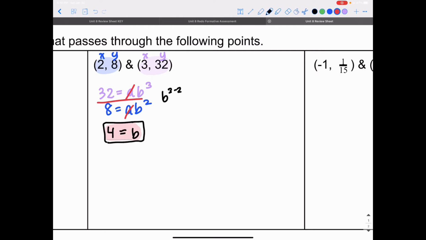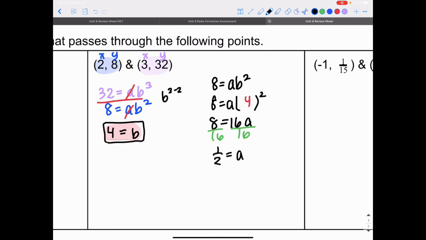Into one of my equations, I'm going to use the one with the smaller numbers. So 8 is equal to a times b to the second power. I'm going to plug in b is 4. And that's going to give me 16 times a gives me 8. I'm going to divide both sides by 16. And I'm going to get that a is equal to 1/2.